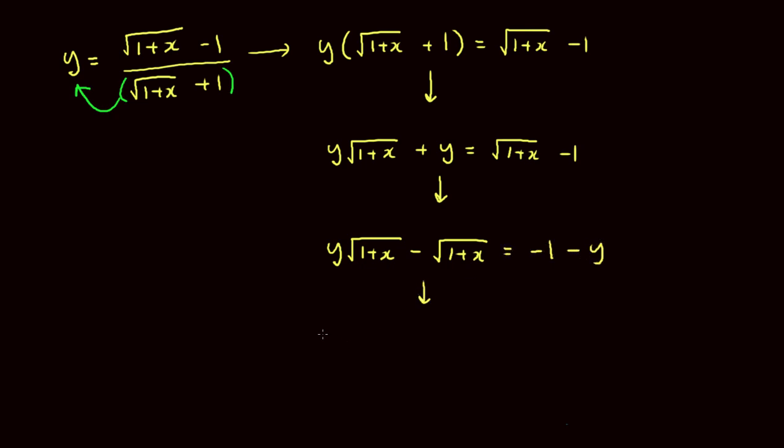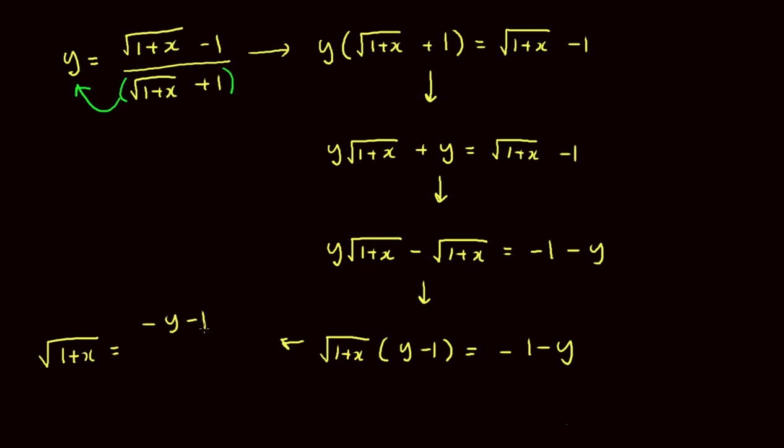Then we'll have here, actually not y, let me erase that. So we have root 1 plus x times (y minus 1) is equal to negative 1 minus y. Then quite simply, root 1 plus x is equal to negative (y plus 1) over (y minus 1).